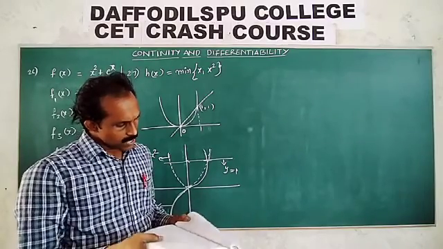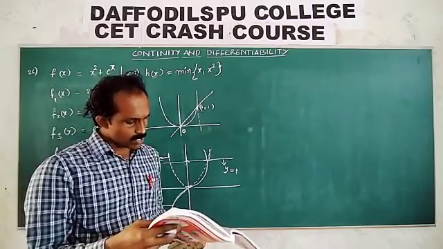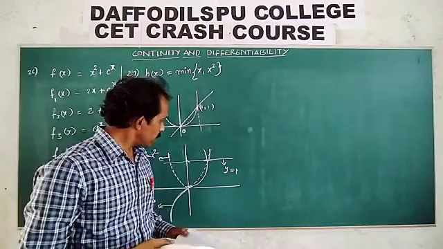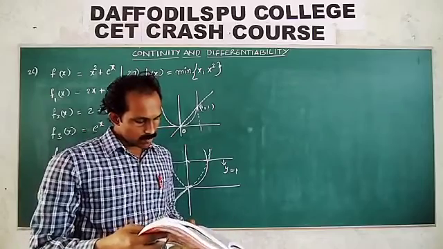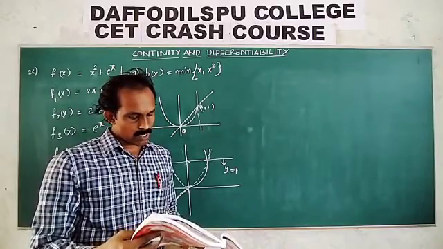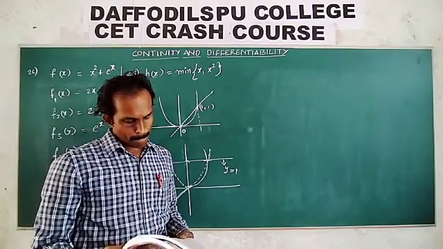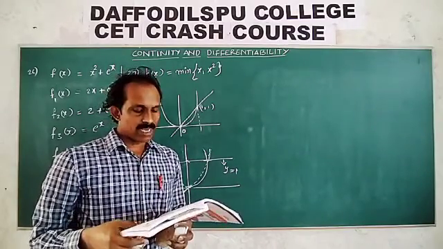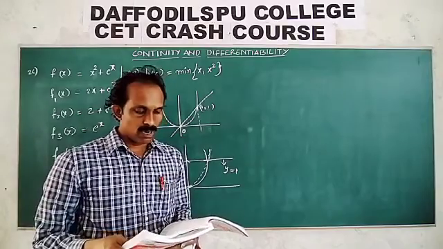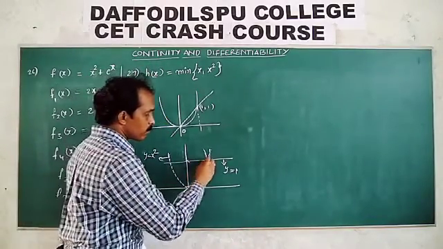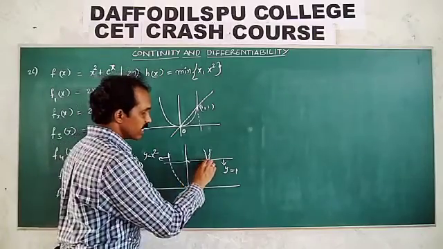Options: f of x is not everywhere continuous; f of x is continuous and differentiable everywhere; continuous, clearly that is continuous; f is not differentiable at 2 points; and f of x is not differentiable at 1 point. Okay, the point of intersection of 3 graphs here.